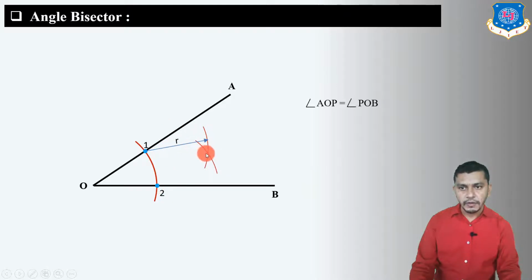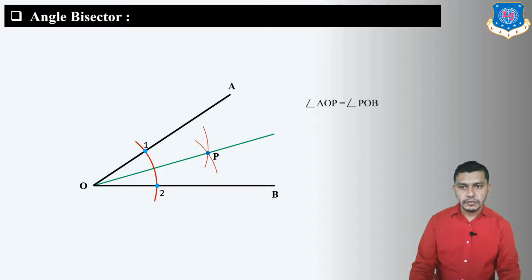Now mark this point P and join this point P to O. So now we can say that this line OP will be the bisector of angle AOB. If we measure, angle AOP will be equal to angle POB. So we can say that OP is the bisector of the angle AOB.